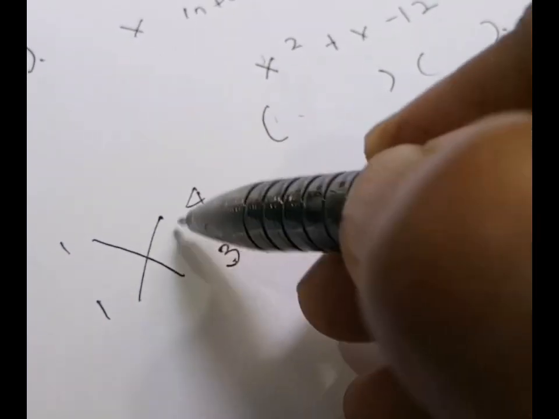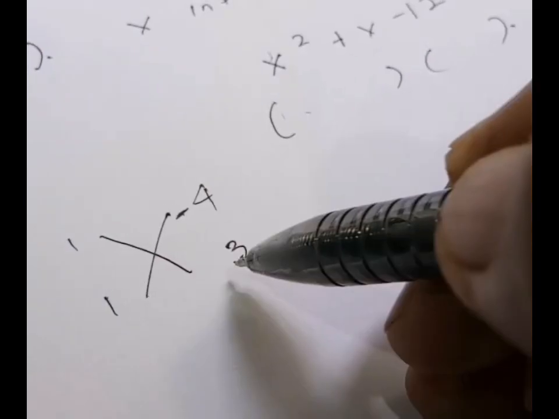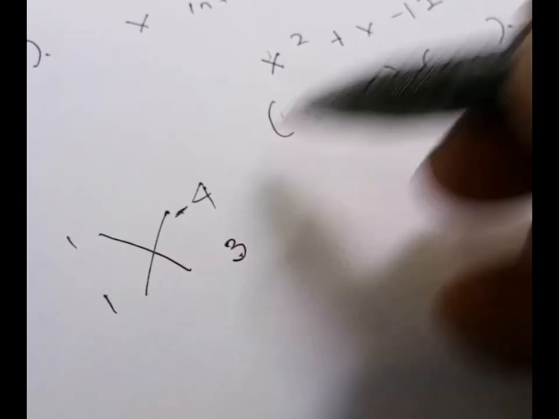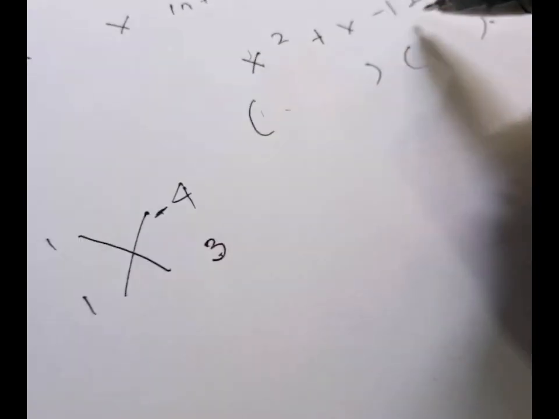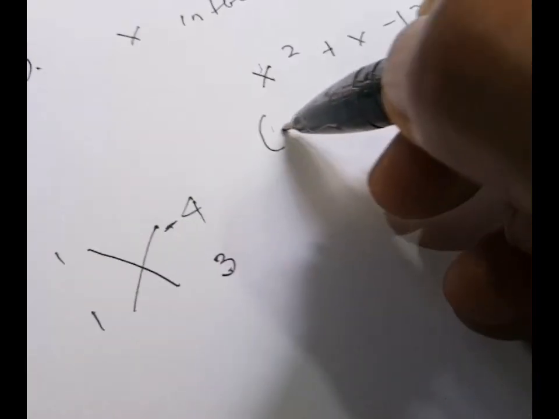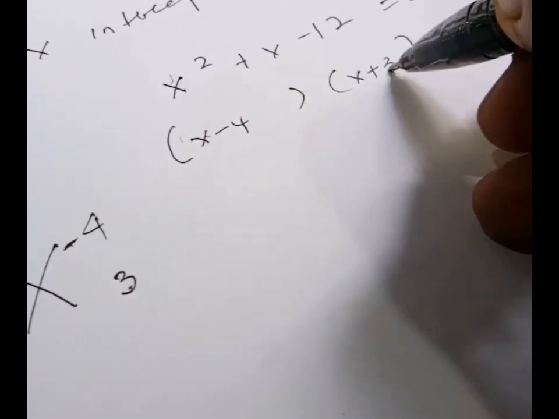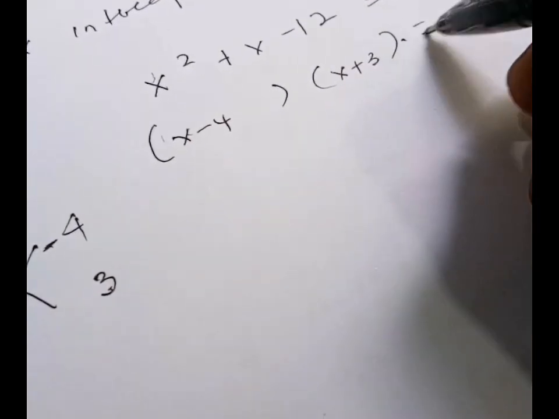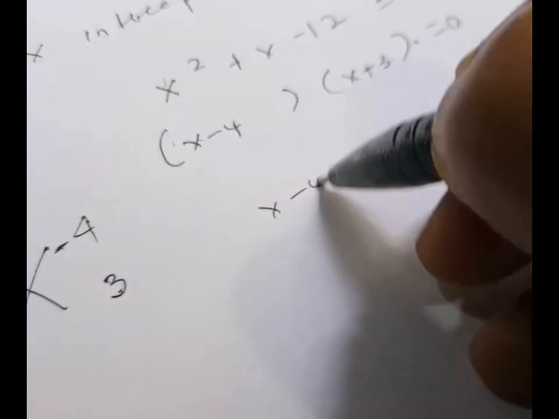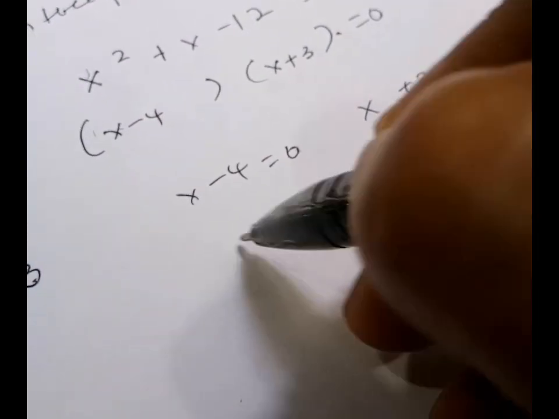Negative 4 times positive 3 gives positive 1, and negative 4 times 3 makes negative 12. So it is x minus 4 and x plus 3 equals 0. So x is 4 and x is minus 3.